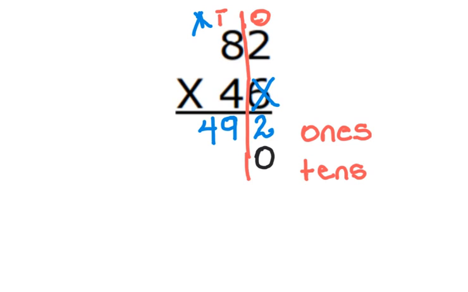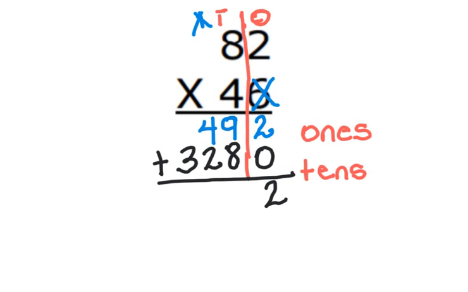We're going to start with the 2 and then go diagonally across and multiply. So 2 times 4 is 8. There's nothing to regroup, so 8 times 4 equals 32. And then I'm going to add them. 2 and 0 is 2. 9 plus 8, I can make a 10 here.